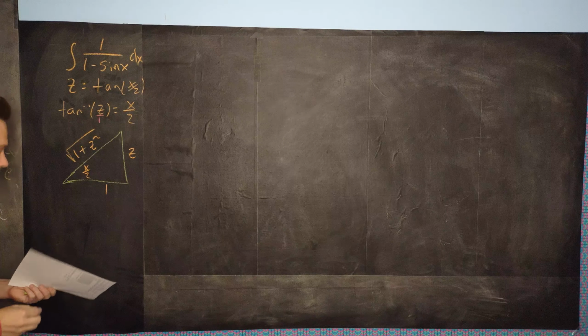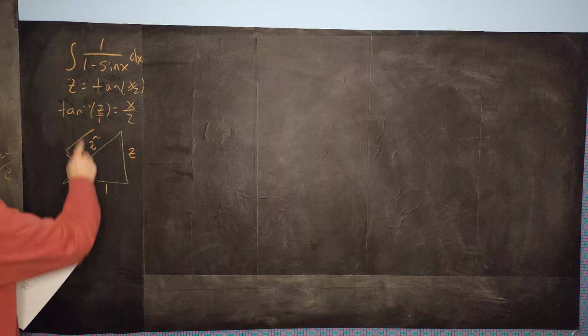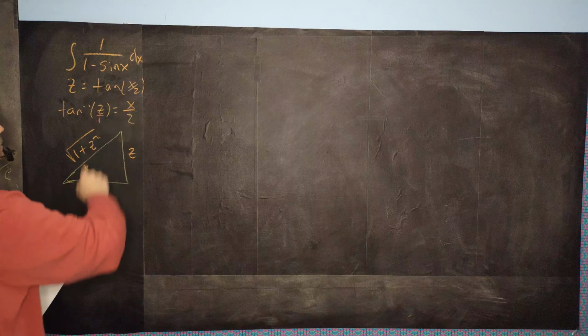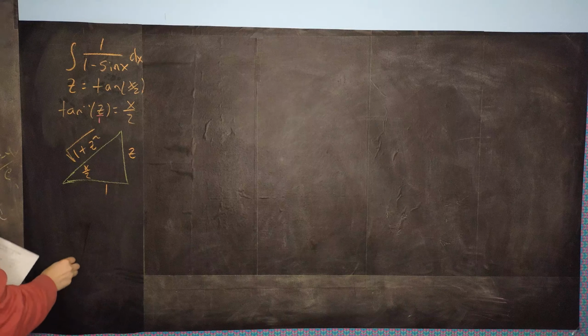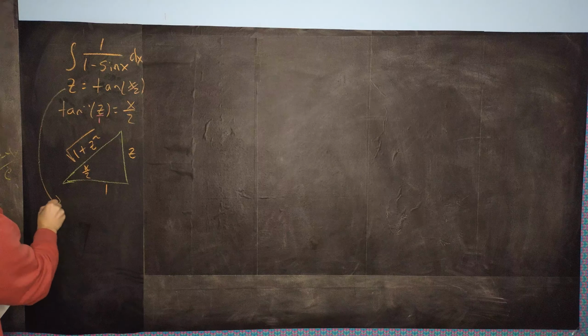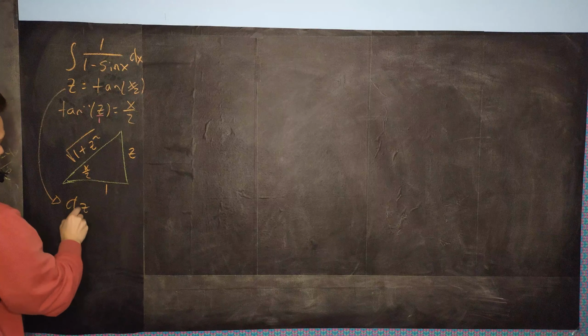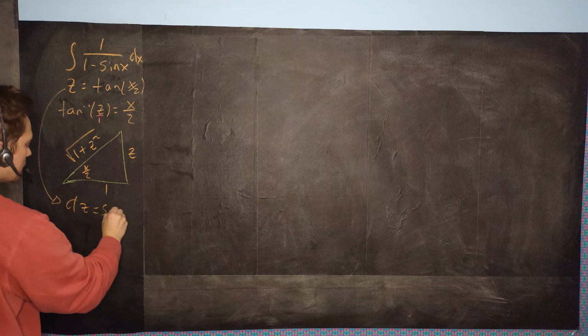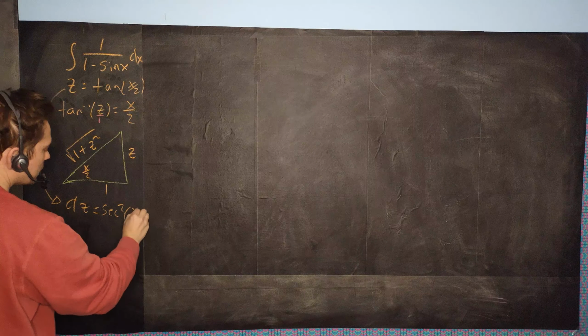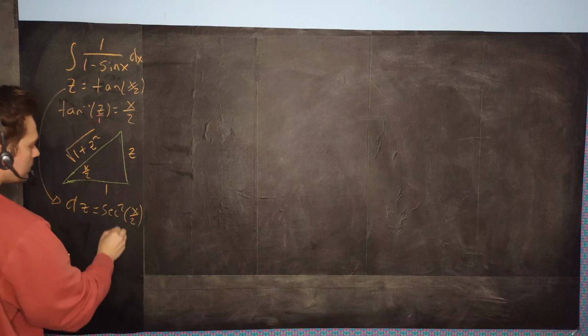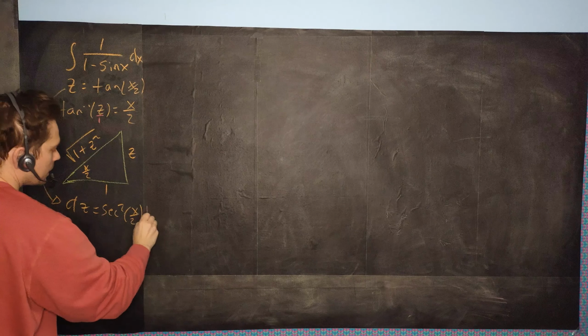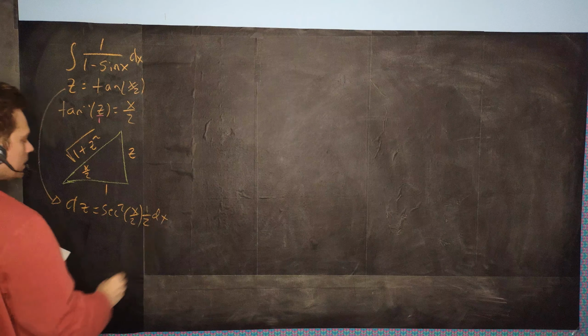Now, let's continue. Since z is equal to tangent of x over 2, if you differentiate this part right here, then dz is equal to secant squared of x over 2 times the derivative of the inside, which is just 1/2, with the dx right here.